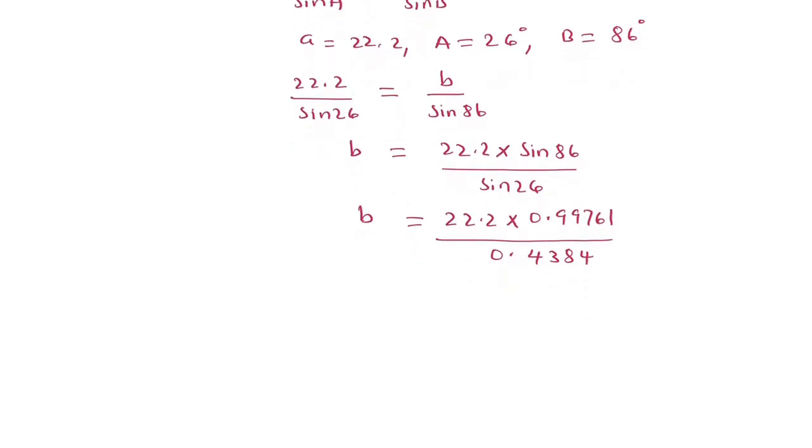Solving this, we are going to have b equals 46.95. Therefore, the length AC equals 46.95 centimeters.